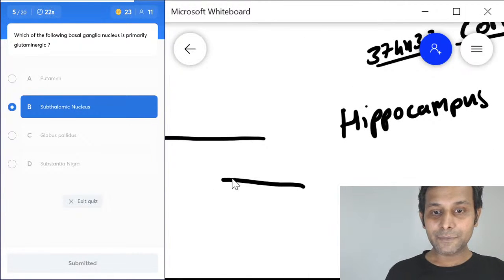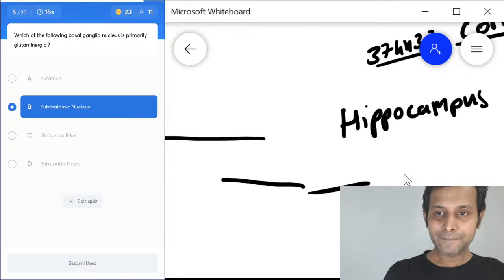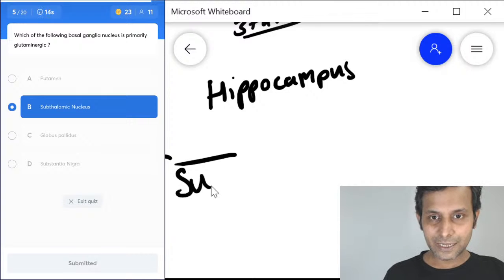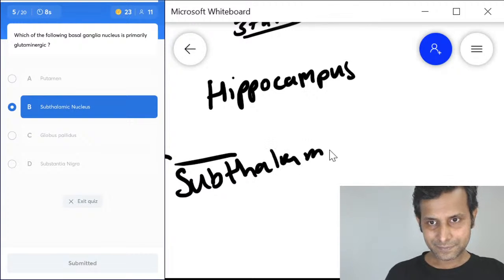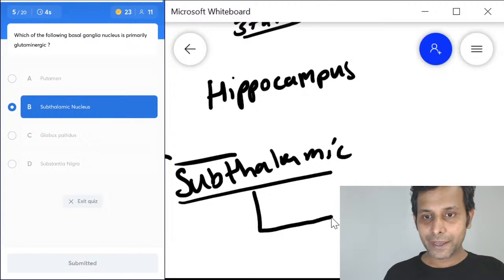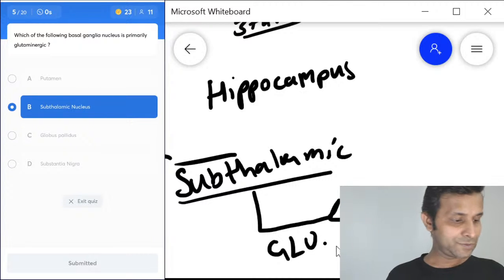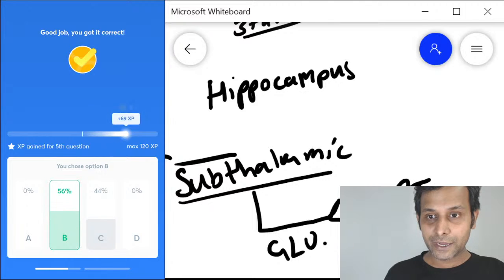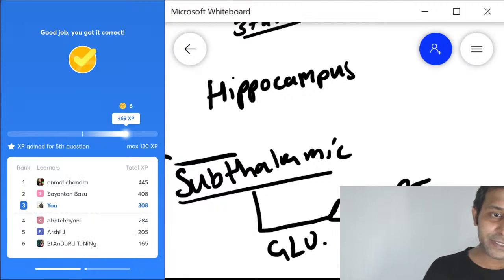Remember, the subthalamic nuclei is connected to GPI via glutaminergic neurons. To be more precise, it is connected to GPI, that is globus pallidus interna.